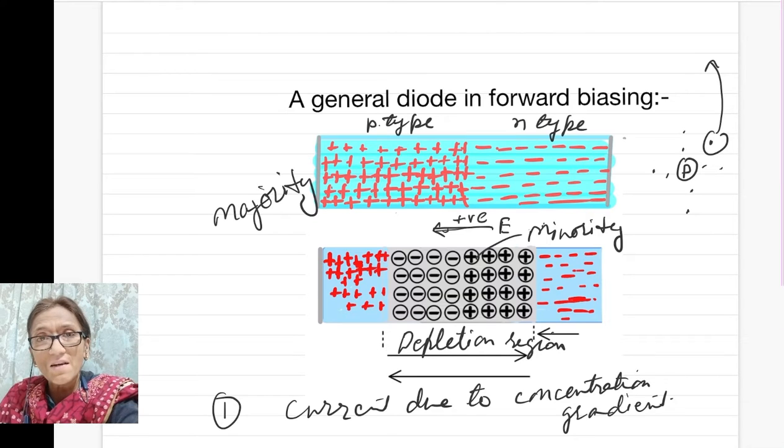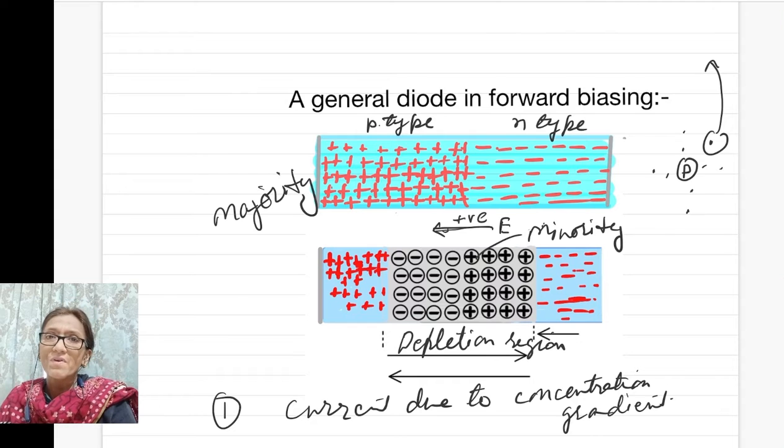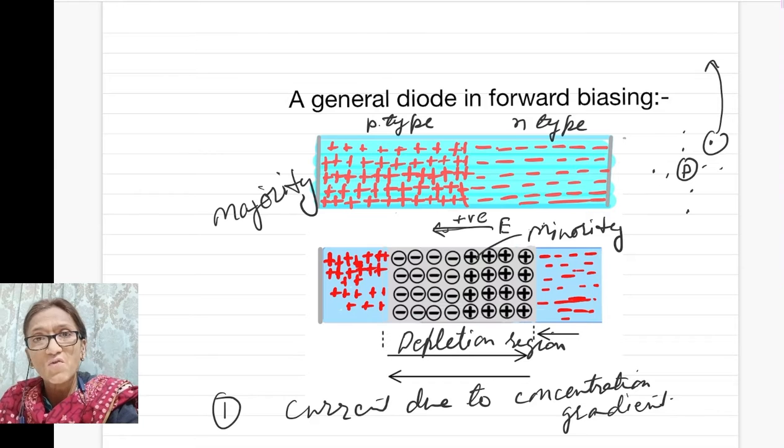So how is it developed? When silicon or germanium, which are semiconductors, are doped with impurity atoms like the pentavalent element phosphorus, which has 5 valence electrons, while silicon and germanium have 4 valence electrons.